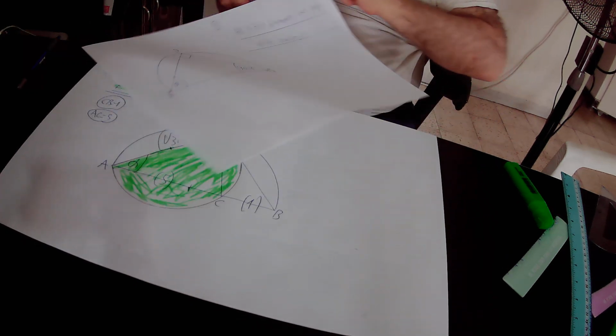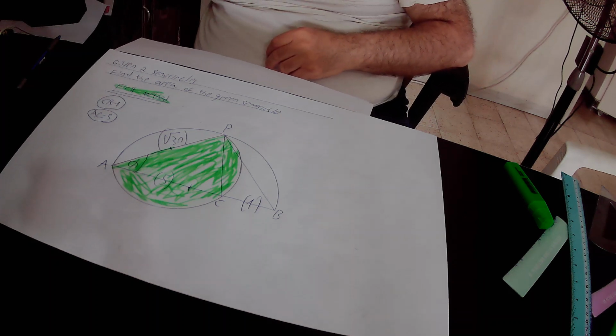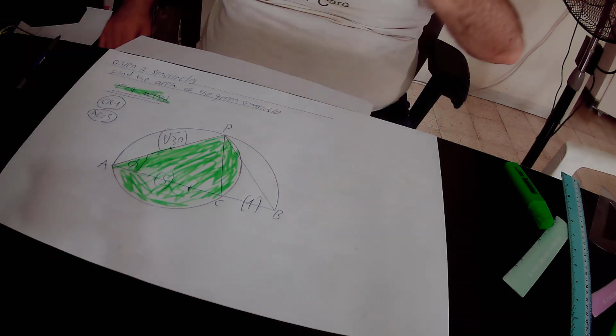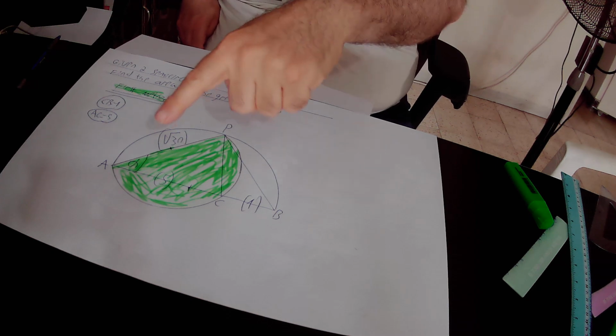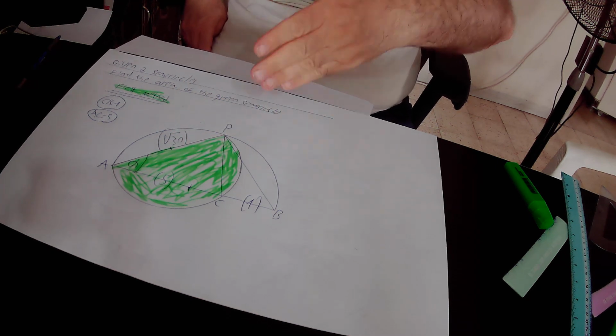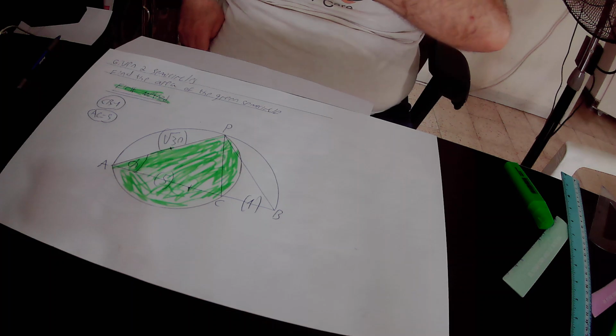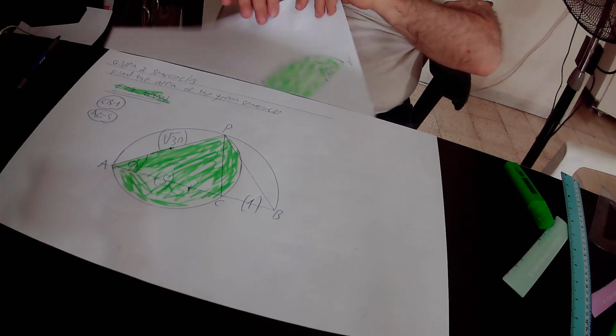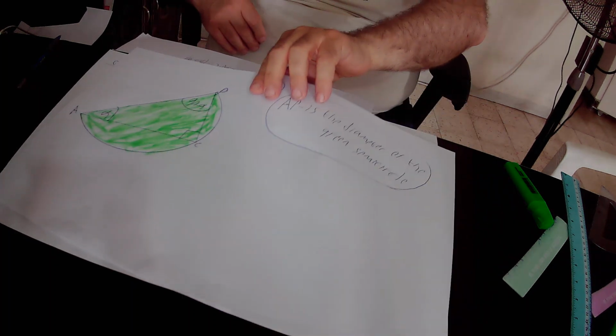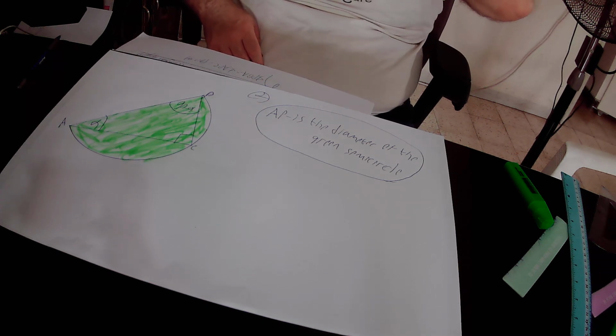Likewise, we join points P and C together by a straight line, and then I copied this green semicircle in a new page, and we implemented rule 7 on this green semicircle. This is the green semicircle that I copied from the original drawing.